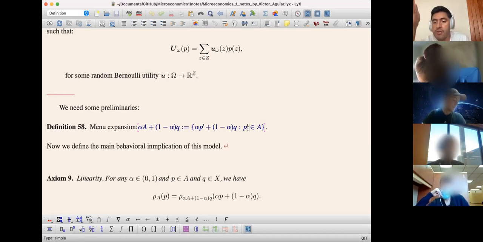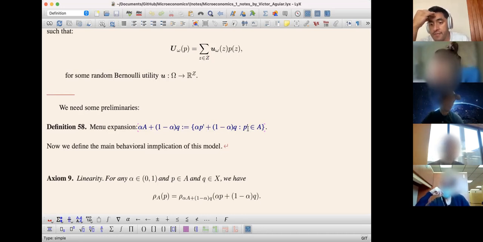This new menu is basically the result of combining or mixing every lottery inside the original menu A with the third lottery Q. This is called menu expansion.